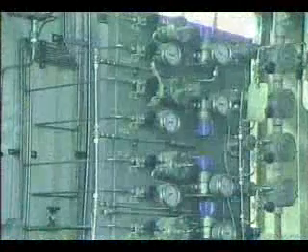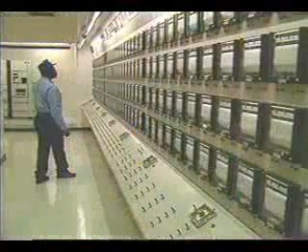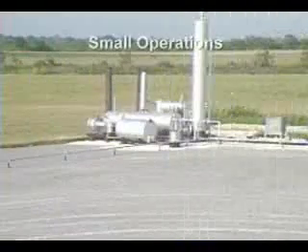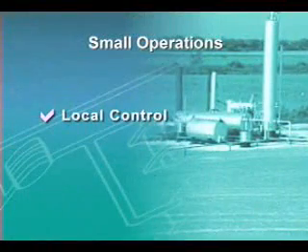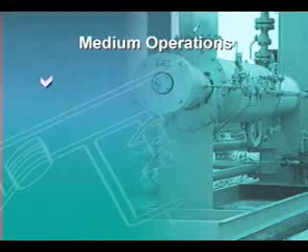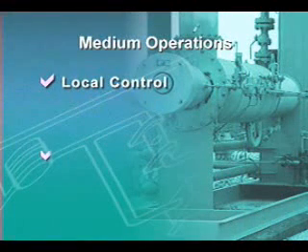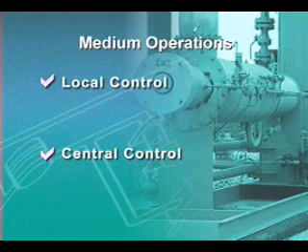In a central control system, all controllers are concentrated on a control panel, usually located in a central control room. Small installations usually lend themselves to local control. For medium-sized operations, a combination of local control and central control may be more appropriate.